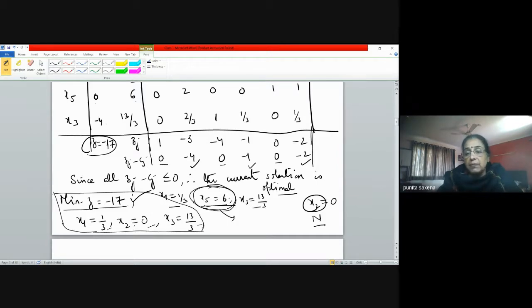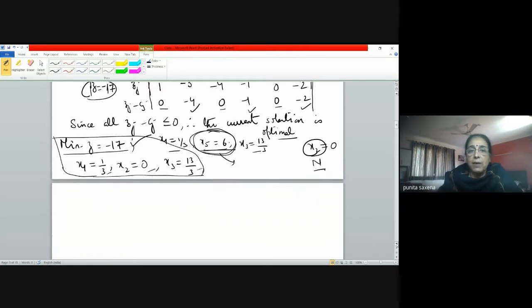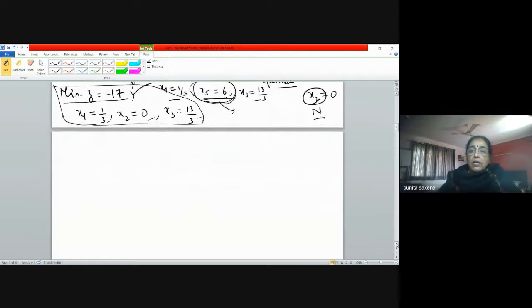But now see, as I was saying, this was a minimization problem, right? We can directly solve a maximization problem as well. Supposing your objective function was maximize z equal to something, there is no need to change the objective function. We can directly solve it. But the only care that you have to take is in the optimality criteria.